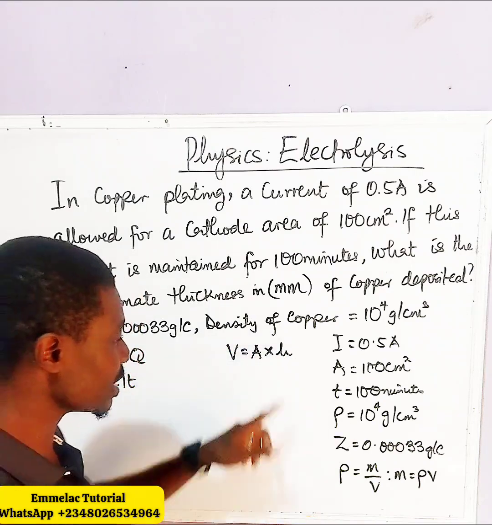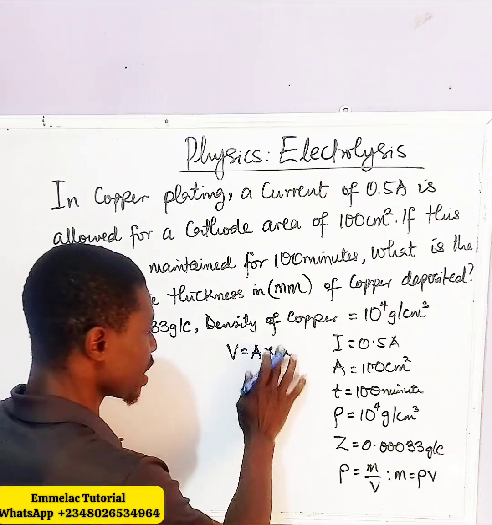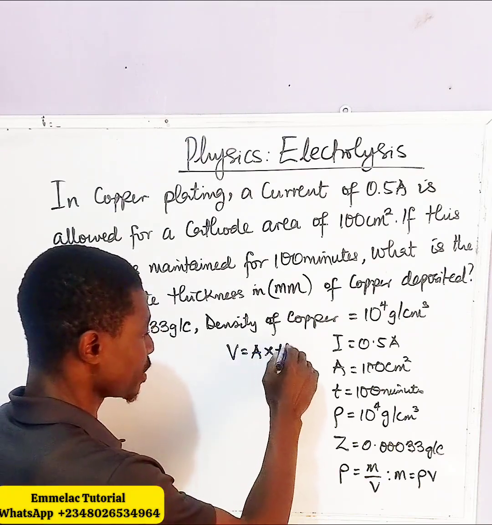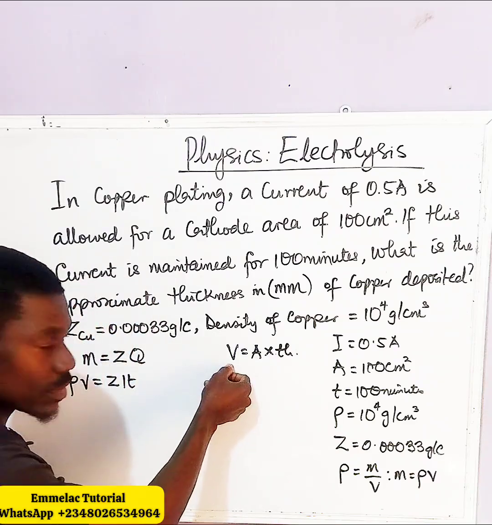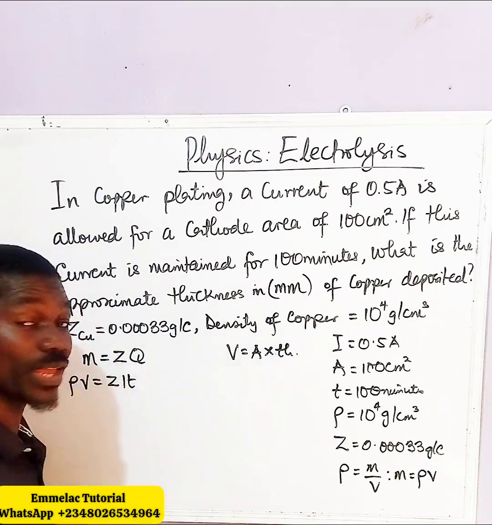But the height here will be replaced by the thickness. Let us make it TH. Which means you have to replace volume by the product of A and thickness.